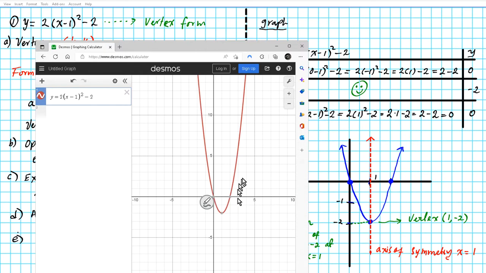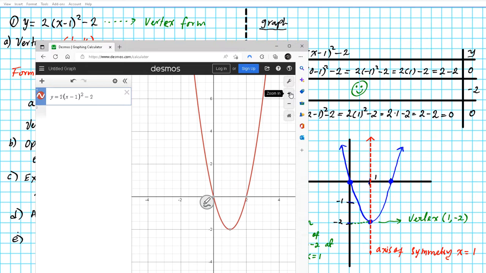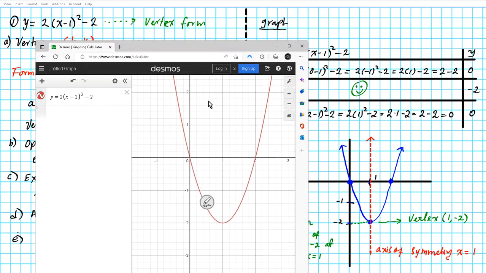All right, so there goes the graph that we have right there. Zoom in a little bit. Does that agree with what we have over here? Let's mark the points. Bam. So (1, -2) is our vertex. Excellent job. And we have a point here, (2, 0). And we have another point here, (0, 0).